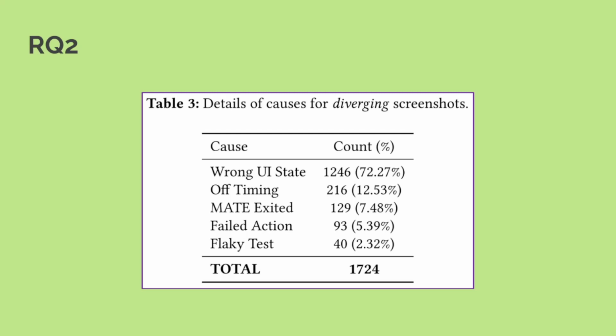For example, a failing back action at the beginning of a test case means that the following actions in the test will start from a different UI state than what was intended in the original sequence. This may indicate certain fragility in UI tests, which is a known problem that has been studied in the literature.